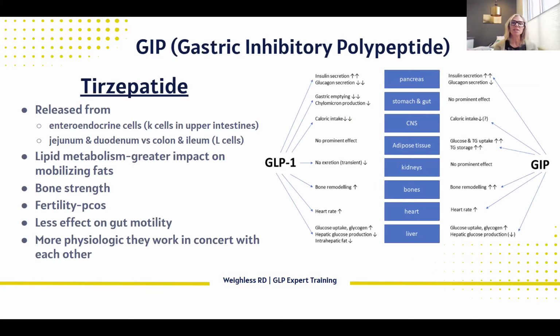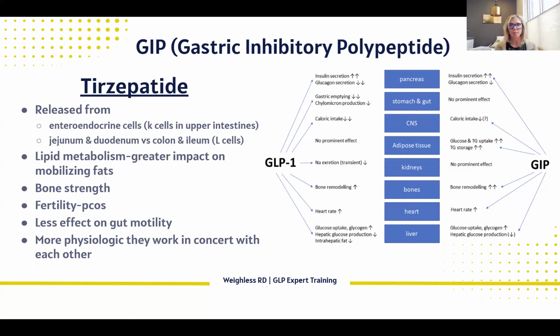And again, you can see the image that I have there that breaks down different areas of the body and how they affect one another. But what's important to understand is that the GLP and the GIP actually work very synergistically, and it is more physiologic.